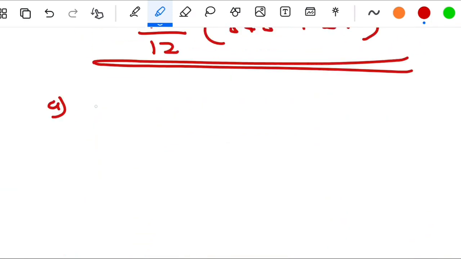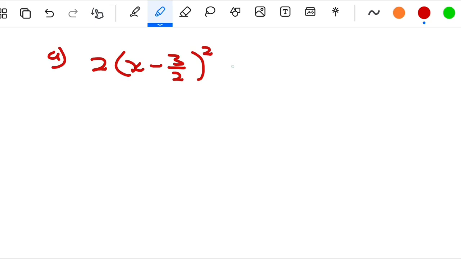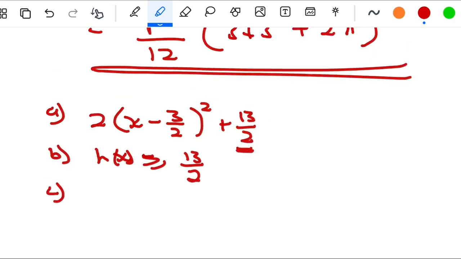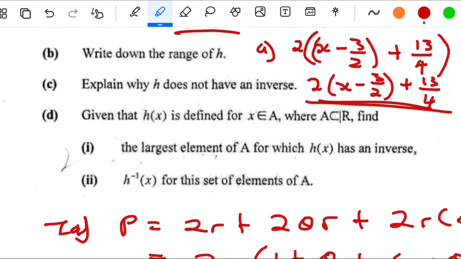A, we said it's 2x minus 3 over 2 squared plus 13 over 2. Then b, the range, we say that h of x is greater than or equal to this value here, which is 13 over 2.